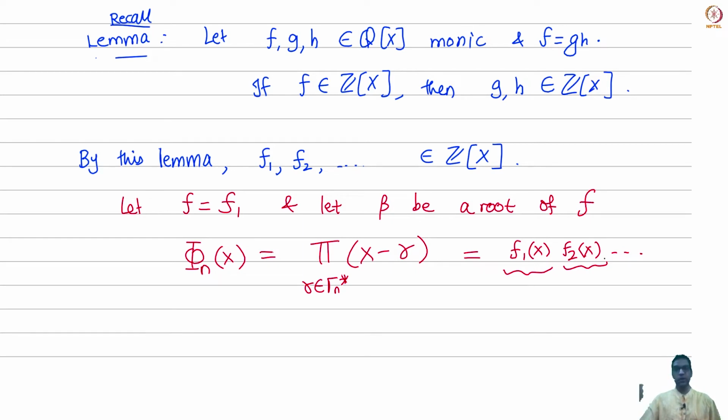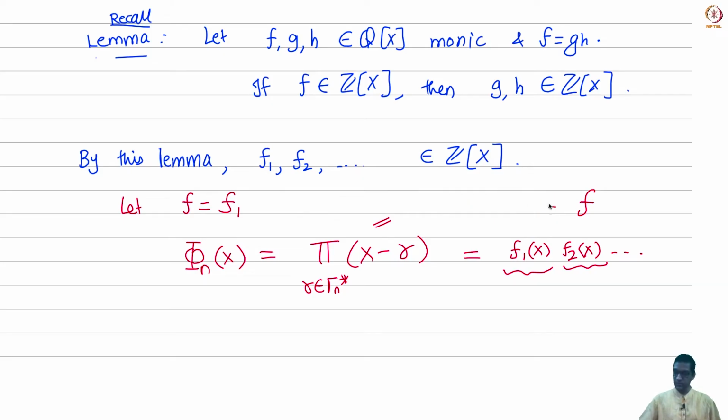So when you go to the complex numbers, for example, the roots of f1, f2 and so on are all going to be some subsets of γ_n*. Now, so I picked one root. So okay, let beta be a root of f.